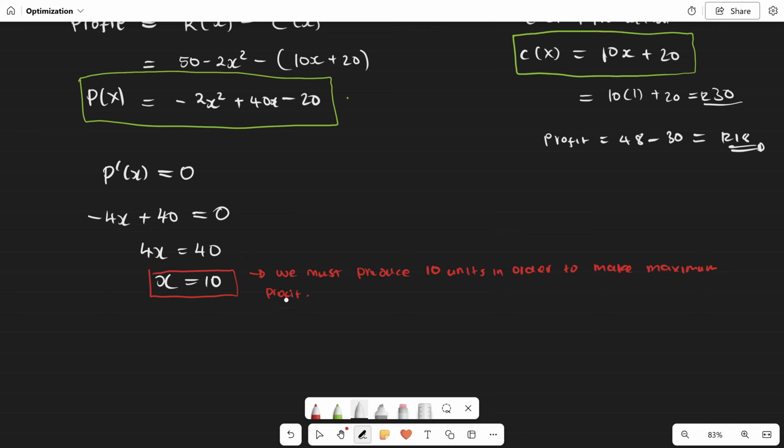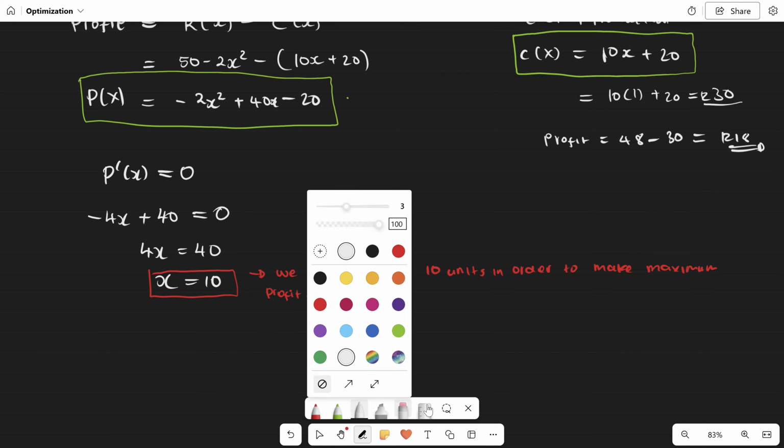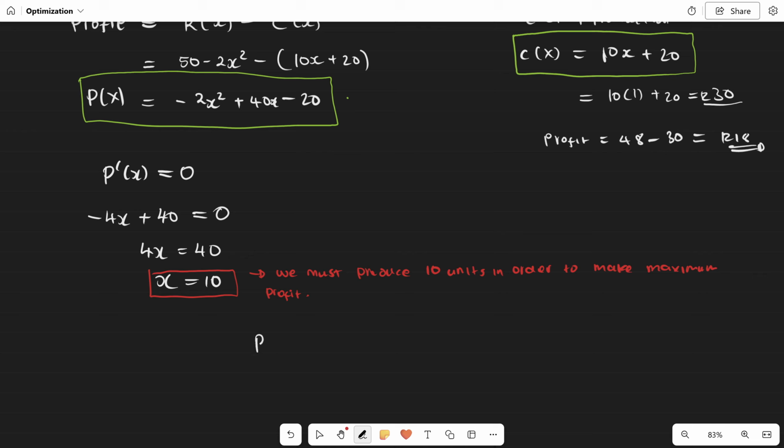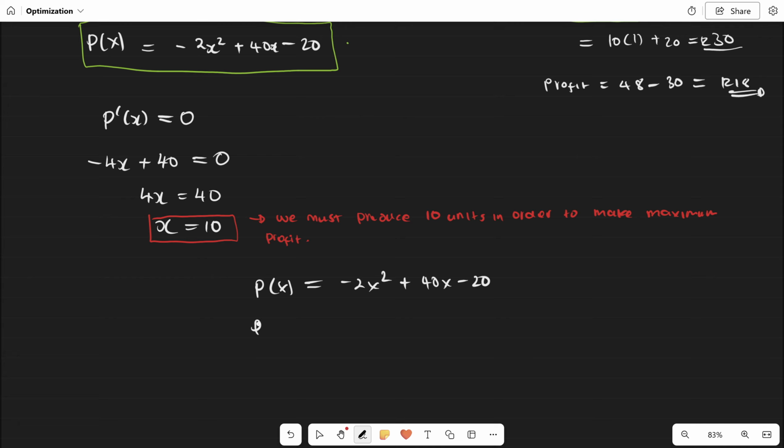So from here we know that we need to produce 10 units. Now we look at our profit function, which is negative 2x squared plus 40x minus 20. What we can do now is say P of 10, because we want to find the maximum profit for when the number of units we are producing is 10.